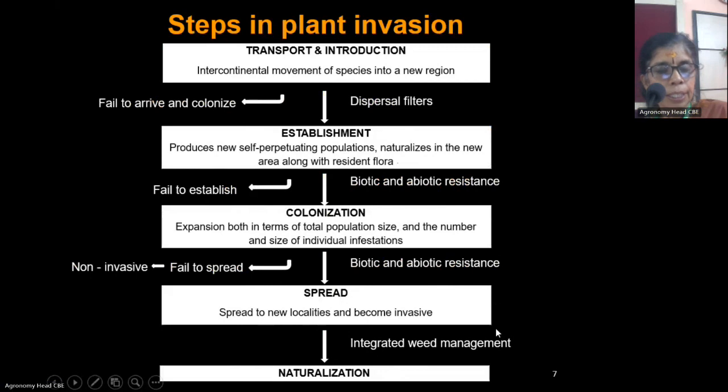And then in the last stage, when a species spreads widely and becomes a major species in a particular ecosystem or area, sometimes it gets naturalized also. When a species is naturalized, we see that there are many pests or enemies in the locality itself which attack it, and it will not again become a major weed.